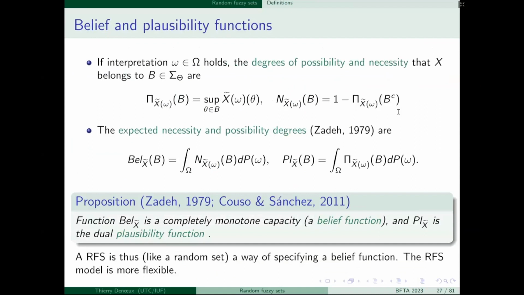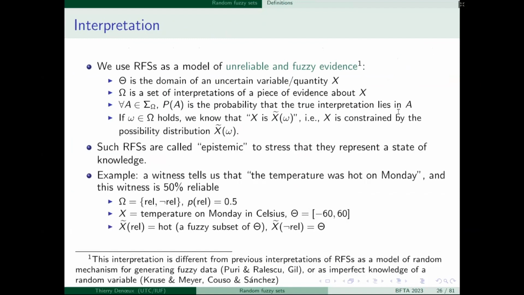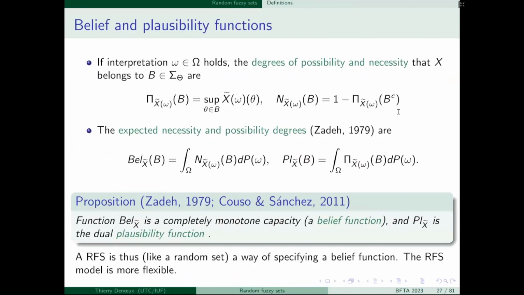So we can now assume that the interpretation omega holds. For example, we know that the witness is reliable. Then x is constrained by some possibility distribution, which is the fuzzy set x tilde of omega. So for any event B in theta, we can define the degree of possibility of B like this.